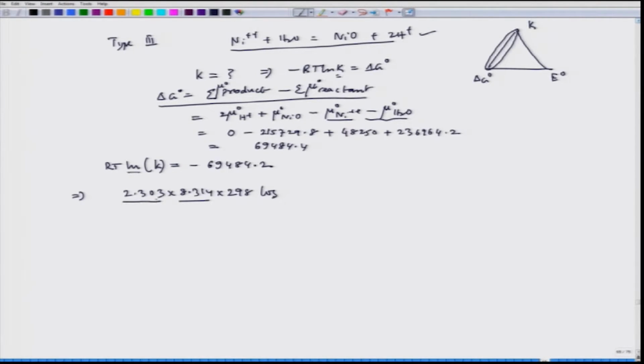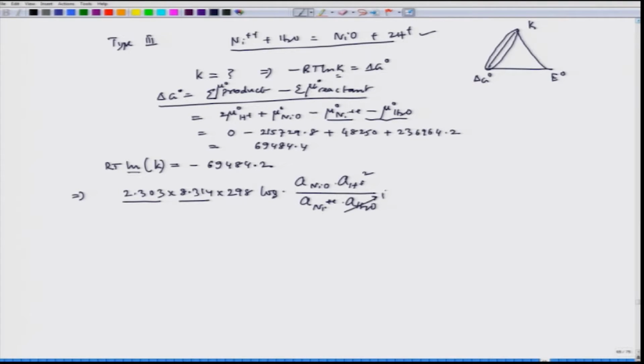So, that is where this multiplication factor 2.303 is coming from. And then for this K, since we are writing in terms of activity, activity of NiO and activity of H plus, activity of Ni plus plus, H2O.